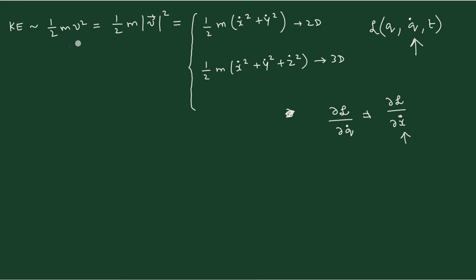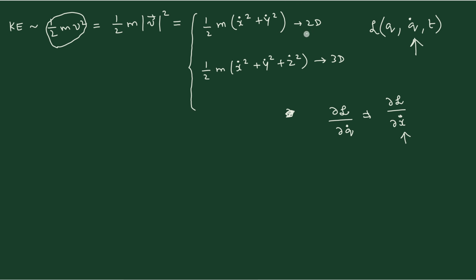But in this expression x dot is not there, so you will think it is 0 because x dot is not there, and you will put 0. That kind of mistake should not come. That is why everything should be expressed in terms of x dot, y dot, z dot. And if you are working in a polar system, then the respective variables have to come. That is the meaning I am trying to explain.